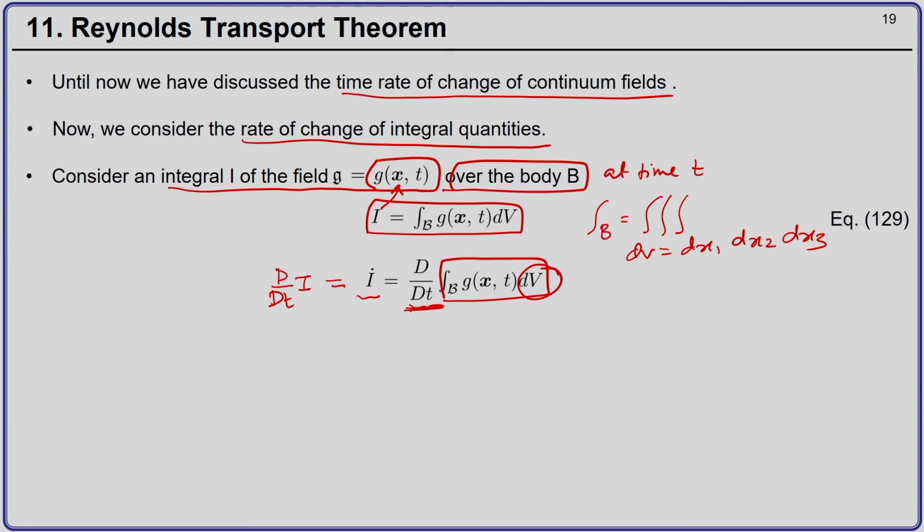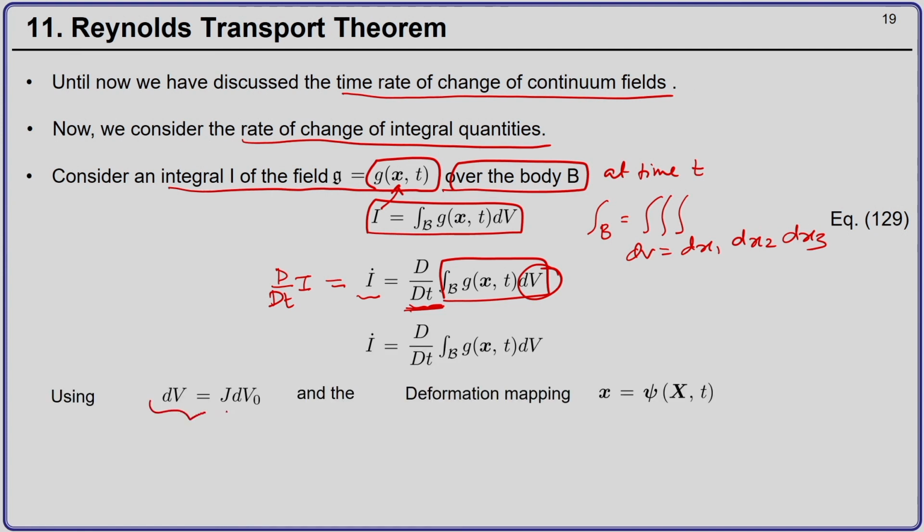So, to evaluate this, what we do is use the relation between the volume elements in the spatial and the material configuration. So, dV is J dV0. Remember, to be clear, earlier we were using small dV and capital dV for the material volume element.